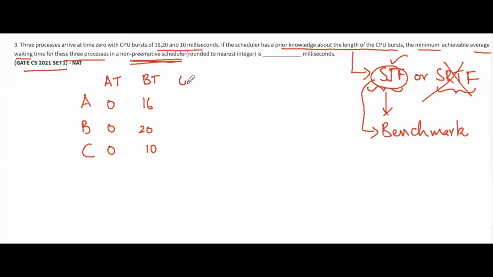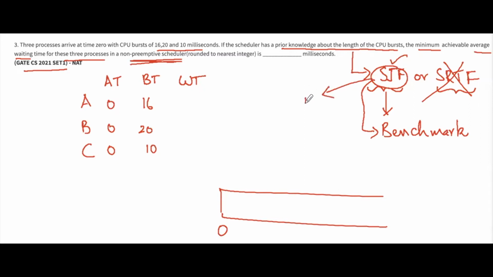First we have to know what the waiting time is, so we'll draw the Gantt chart. SJF means the criterion is burst time, the minimum burst time. Whichever has the minimum burst time will get scheduled, and the mode is non-preemption.